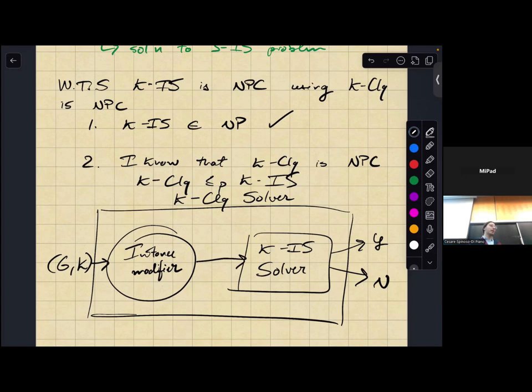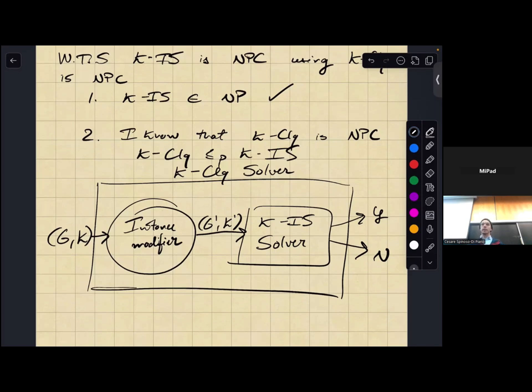That instance is also a graph, G prime, and a natural number K prime, where when you give that to the solver, it tells you yes, there's an independent set of size K prime, or no, there isn't. So is the setup clear? Okay.